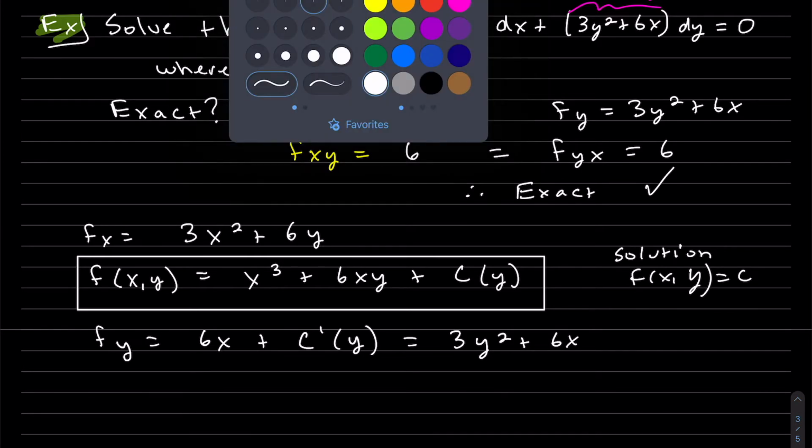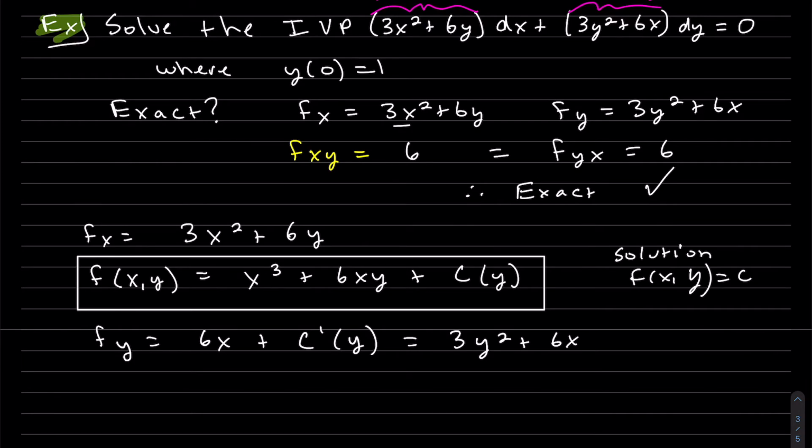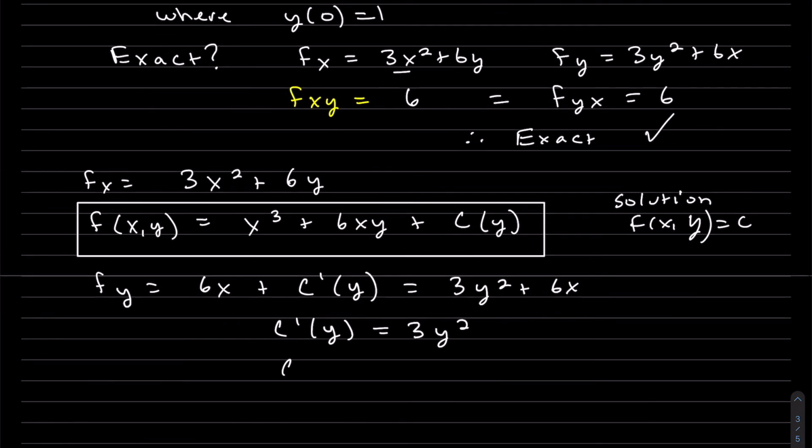So here you can solve for c prime of y, or we can just look and subtract. See, these get subtracted. So c prime of y equals 3y squared. So c of y, integrating both sides, is y to the third.